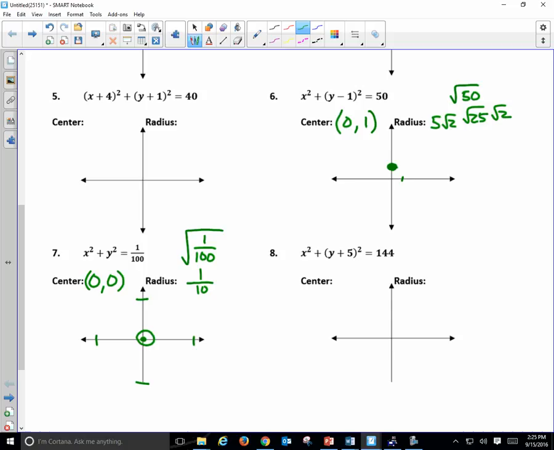So 1, 2, 3, 4, 5, 6, 7. 2, 3, 4, 5, 6, 7, 8. So I'm just going to go about 7 units in each direction. And you can estimate it again, you know. There you have it.